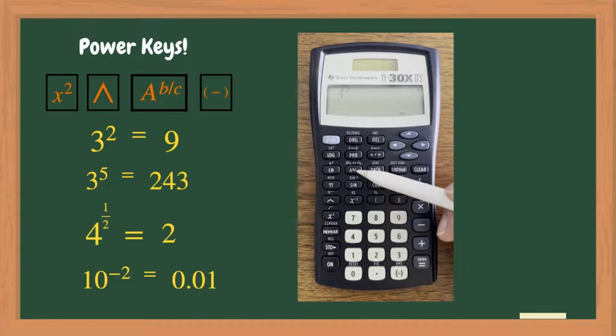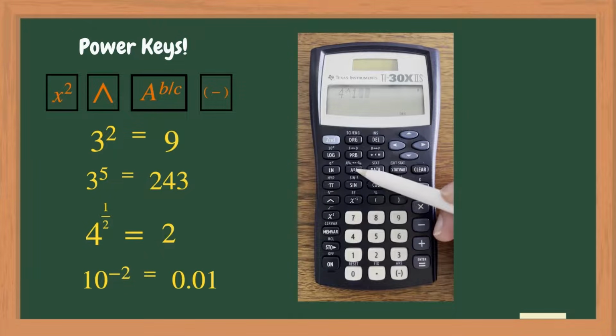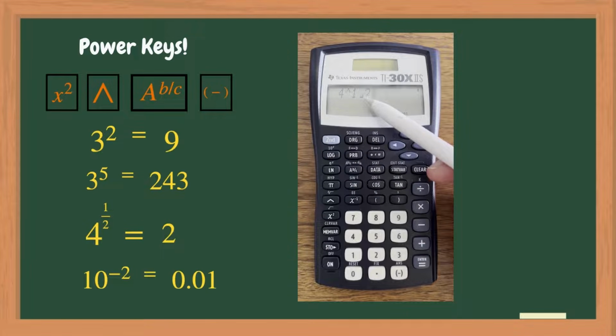First I put my 1 for my numerator here. Then I go to my fraction button, and then I put the denominator of 2. This little backwards L here is the fraction bar separating the numerator from the denominator. Then all I have to do is hit enter. So 4 to the 1/2 power is 2.